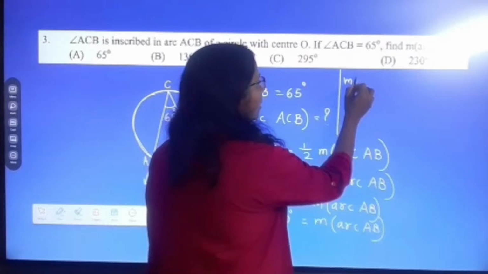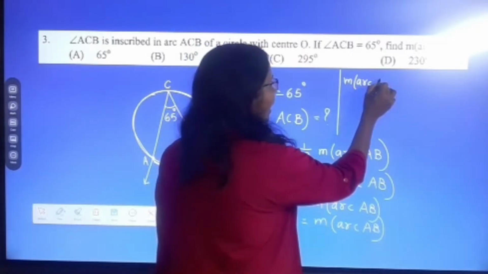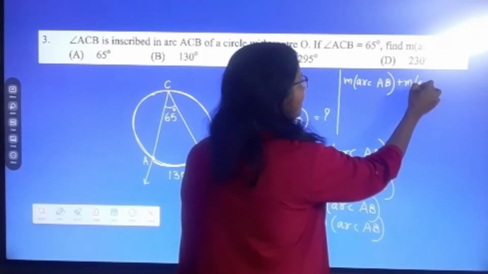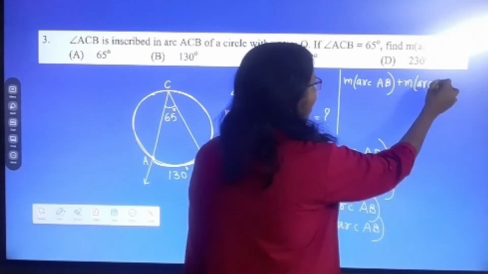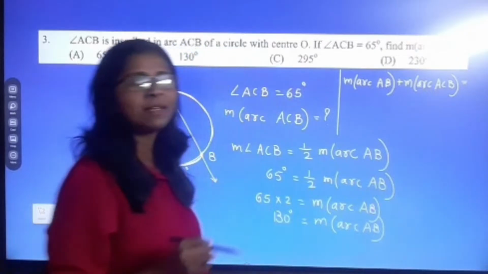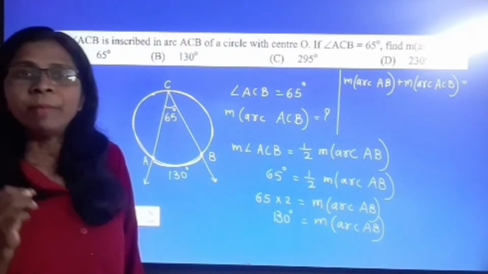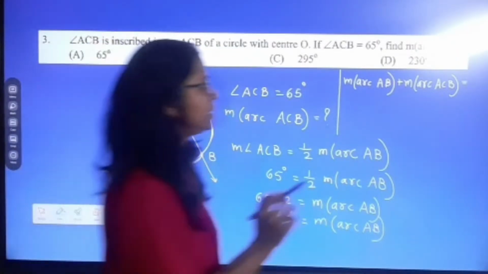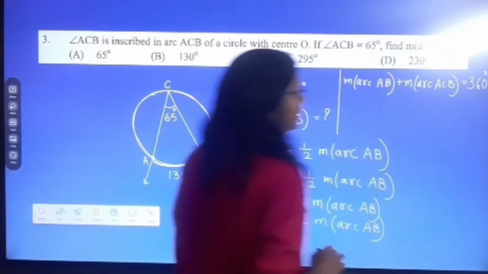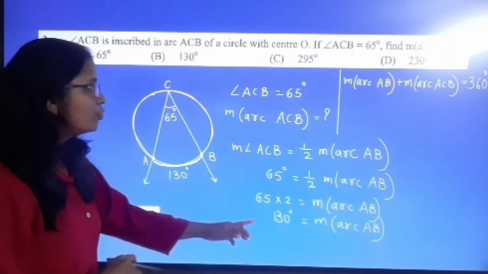Major arc AB plus major arc ACB is equal to the whole circle, and the measure of the whole circle is 360 degrees. So here I write 360 degrees.